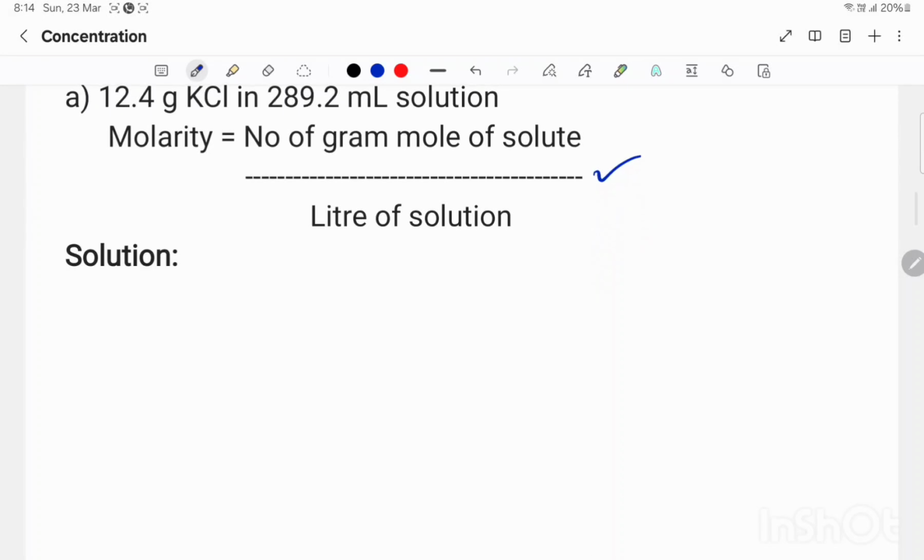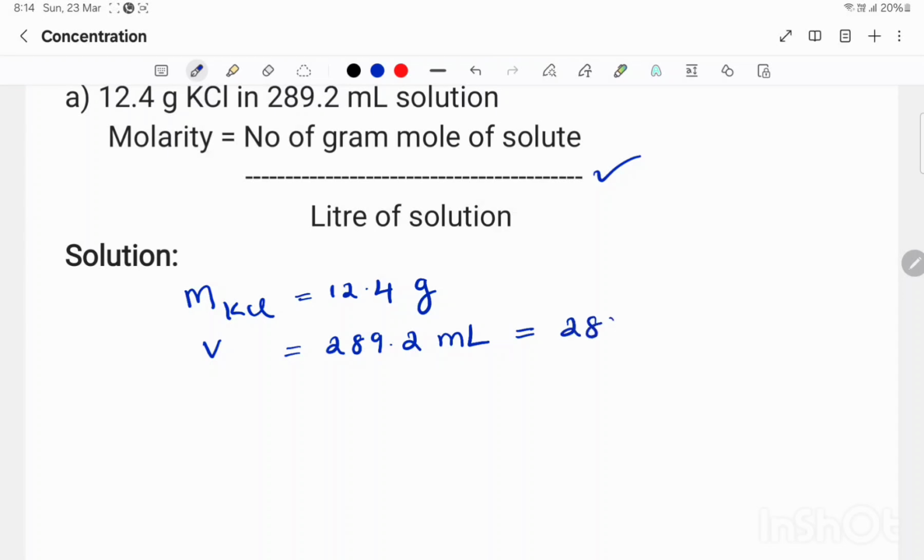So let us solve this problem. Given data in the problem is the mass of KCl is given as 12.4 grams and volume of the solution is given as 289.2 milliliter. So milliliter has to be converted into liter.